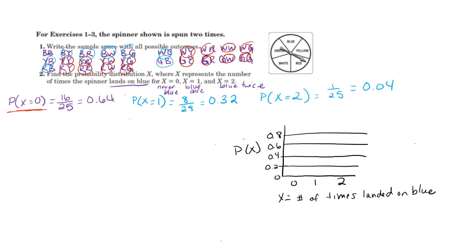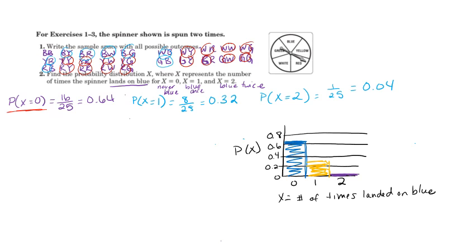Okay, so 0.64 was for 0, so that's about here. 0.32, that's for 1, that goes here. And then finally 0.04, that's really slim right here. Okay, so there's the histogram of your probability distribution.